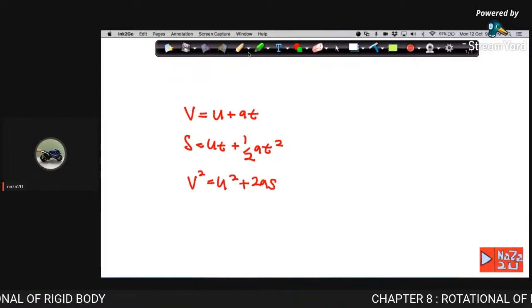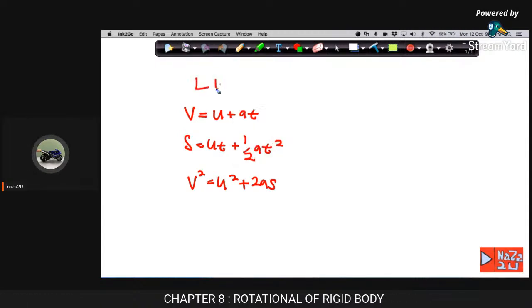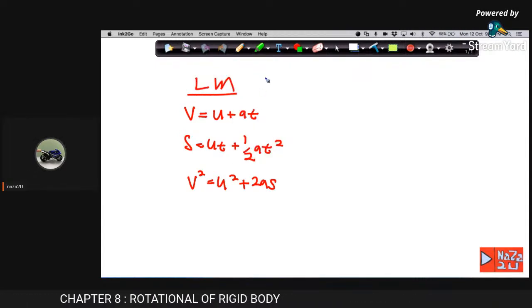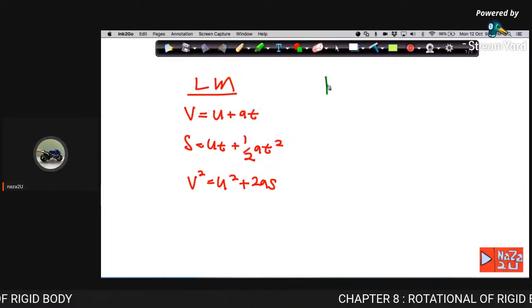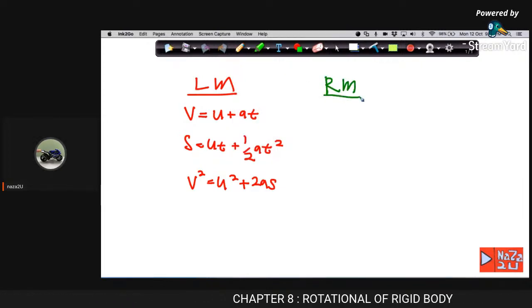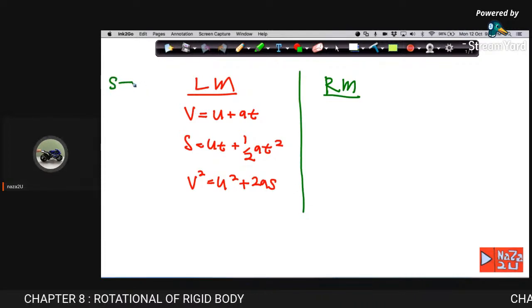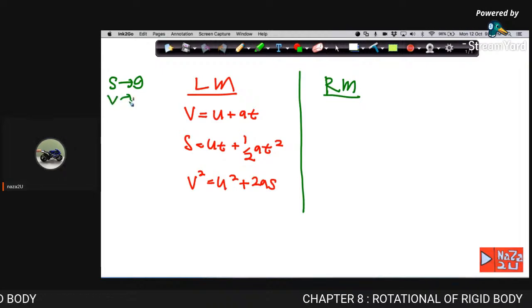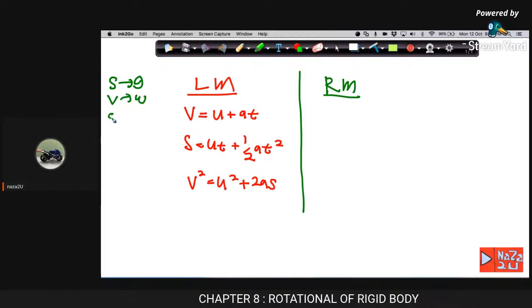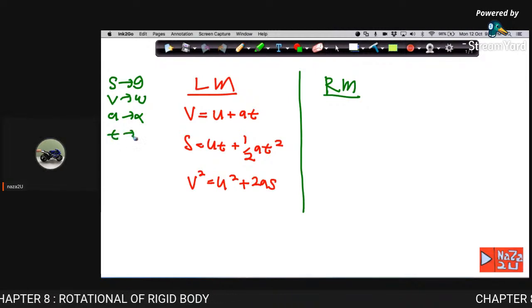Okay, masih ingat? This is linear motion equation. So kita tukar kepada rotational motion. Kalau S ditukar menjadi theta, V menjadi omega, acceleration A menjadi alpha. T tak berubah, sama juga.